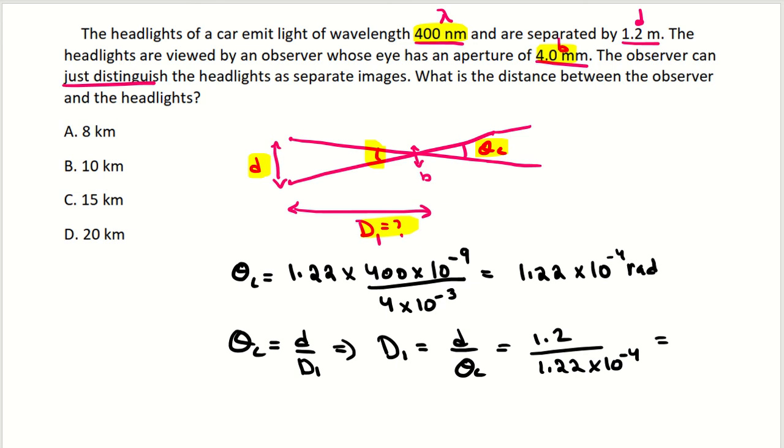Of course, I can't use a calculator, so in this case I will estimate. So 1.2 over 1.22 is about 1. 1 times 10 to the power of 4, which is 10 kilometers. So here I'm approximating. So this is the answer for this one.